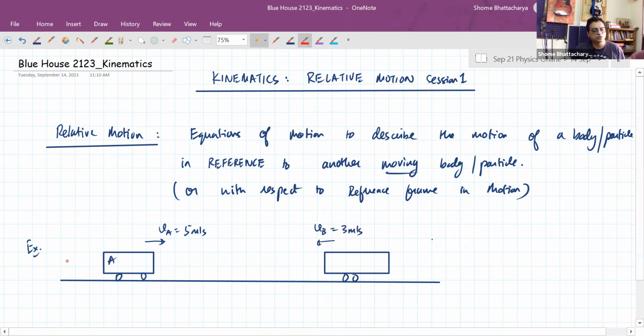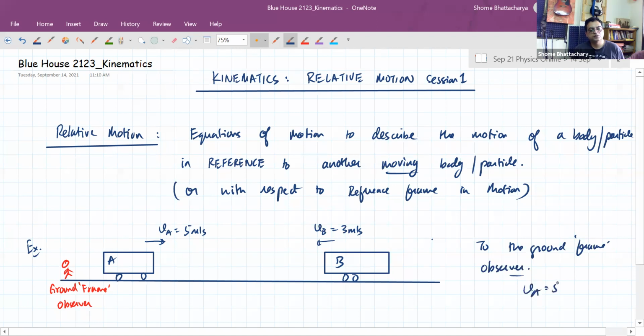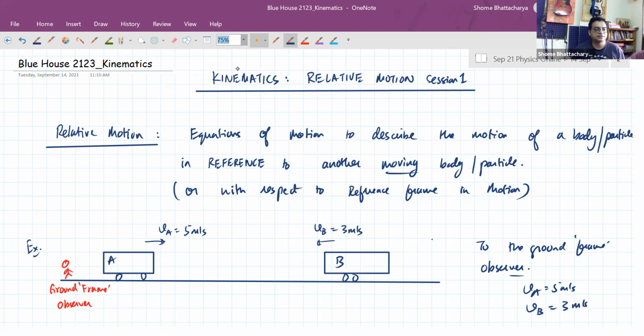Now, to a person standing on the ground, what we call the ground frame observer, speed of A appears to be 5 meters per second. Speed of B appears to be 3 meters per second. I'm just writing this as speeds, okay, so not with algebraic sign.